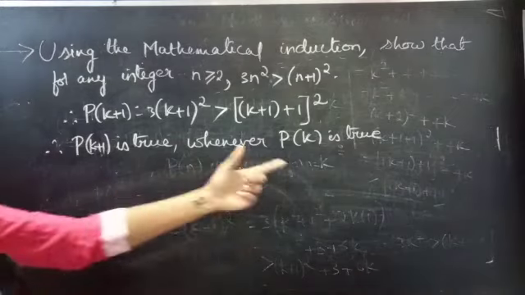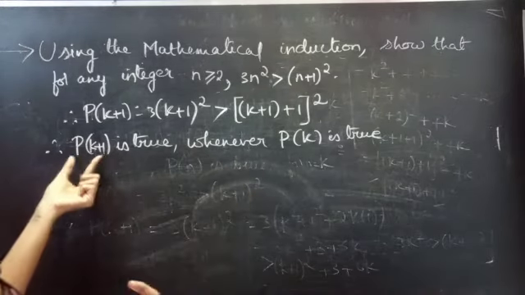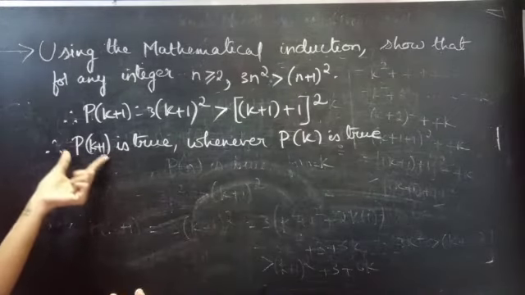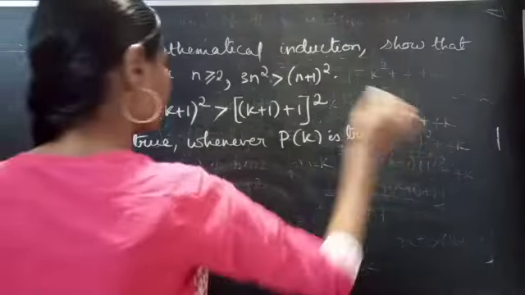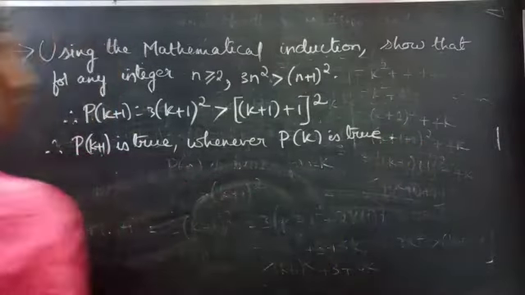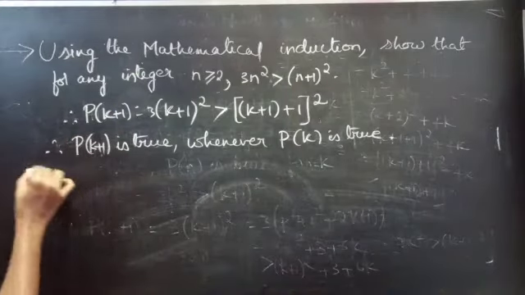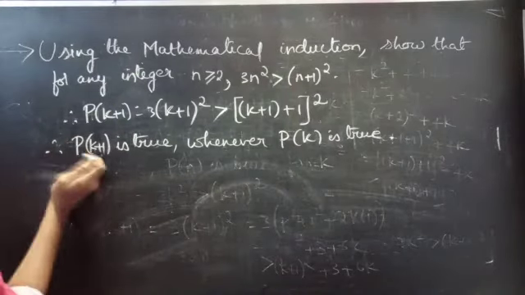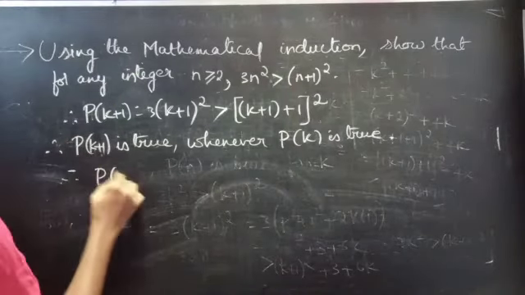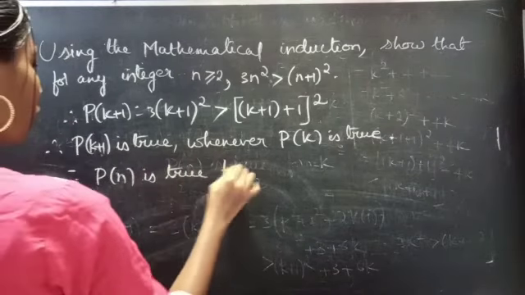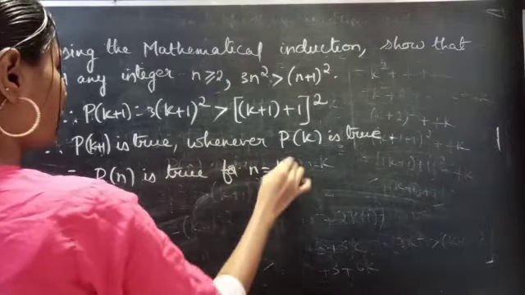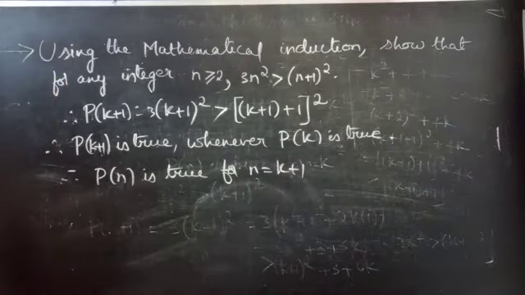Okay, if P of k is possible, then only P of k plus 1 will be possible. Alright. So from this we can say that P of n is true for n equals to k plus 1.